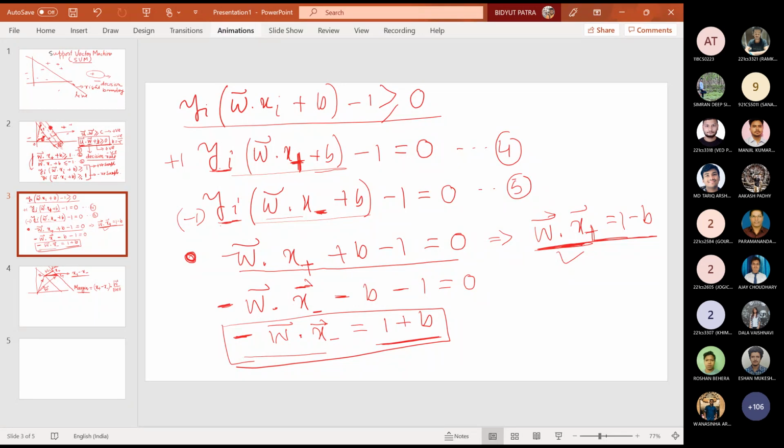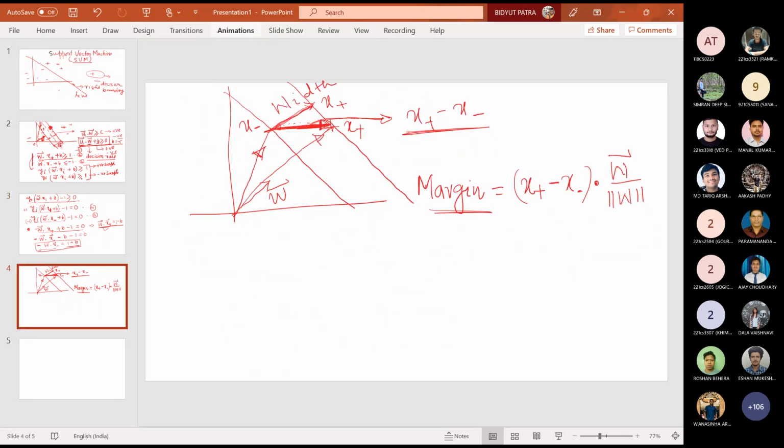Okay. So now what we wanted to do here, we wanted to find the margin. So what is margin? Margin is nothing but I write m equal to x positive sample into dot product of w minus x negative sample into dot product of w, and then we have 1 by magnitude of w.